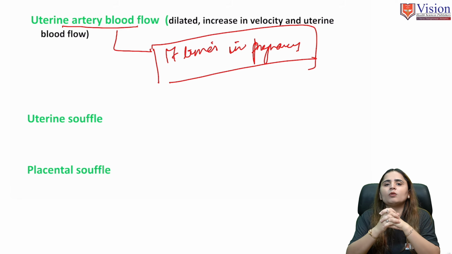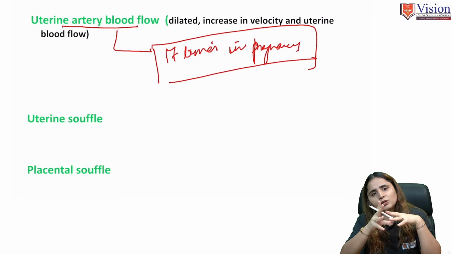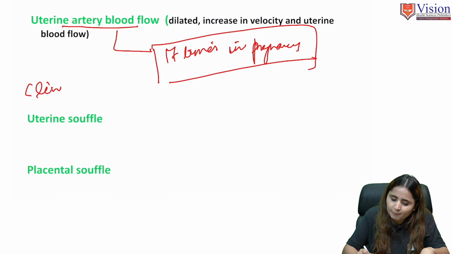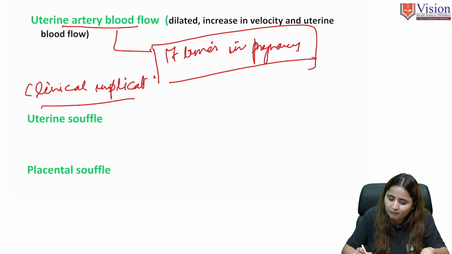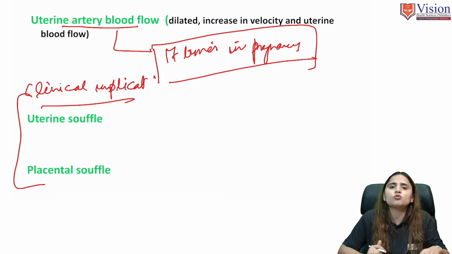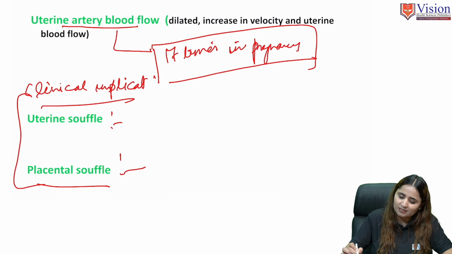It is happening due to the dilatation, due to the increase in the velocity, or due to the increase in the blood flow. Now the clinical implication of this increased uterine artery blood flow: as I have told you, there is an increase in the blood supply, so it will lead to two kinds of sound in the mother. First is the uterine souffle and second is the placental souffle.